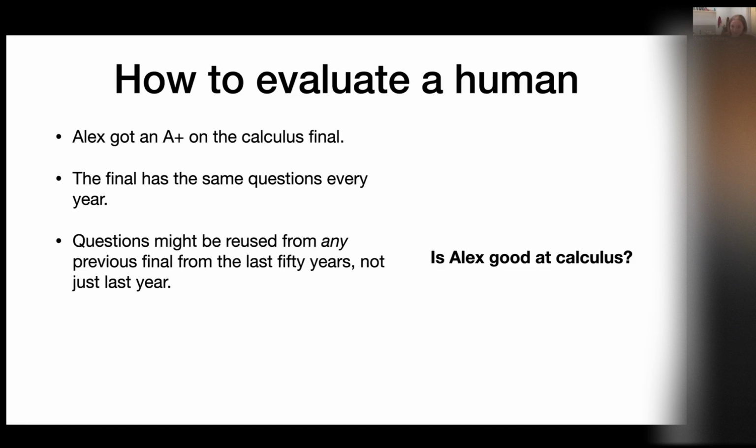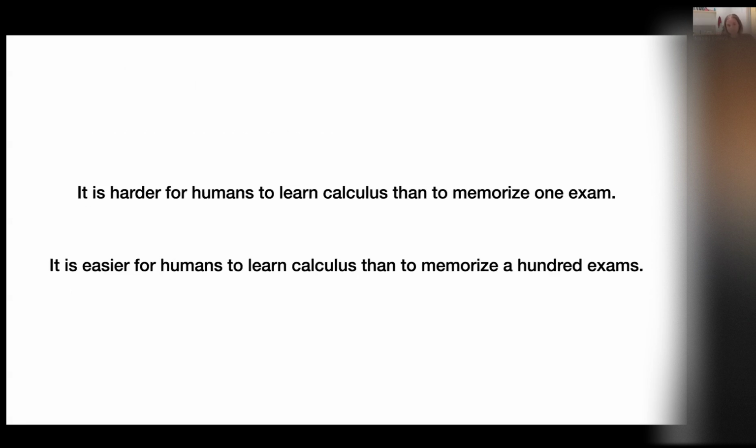Okay, now is Alex good at calculus? Suddenly, I'm very confident again, because even if Alex saw every single exam for the last 50 years, they probably don't know every single question. It would actually take more work for Alex to memorize every exam from the last 50 years than it would take for them to learn calculus, right?